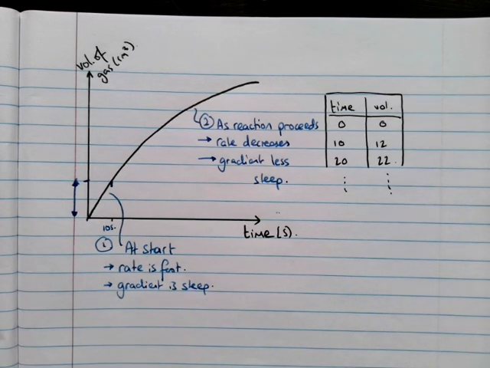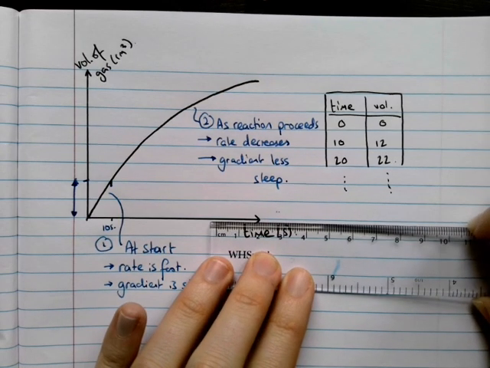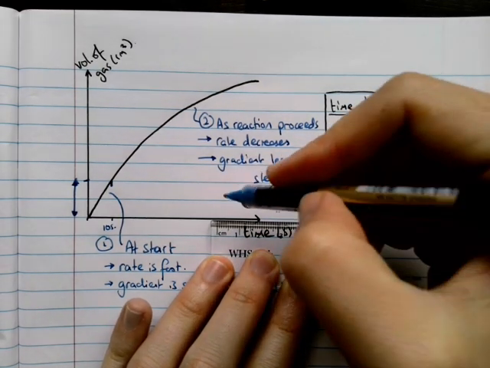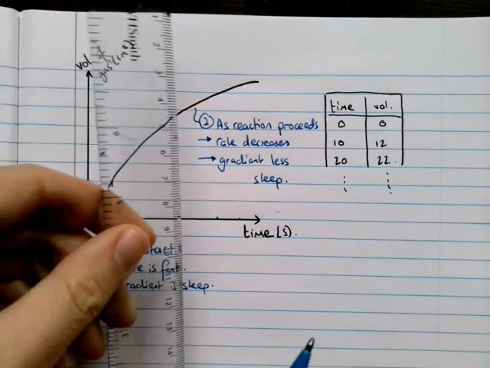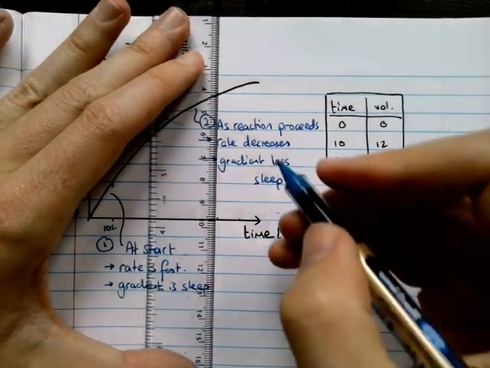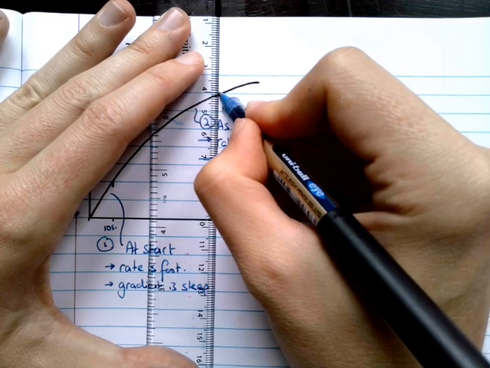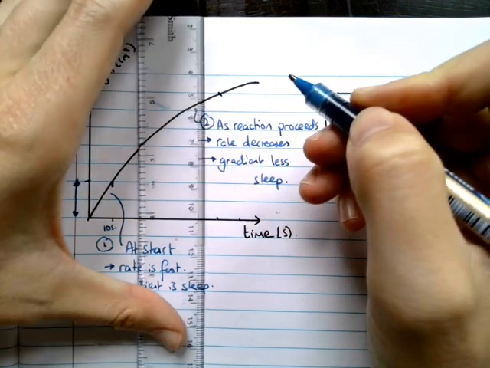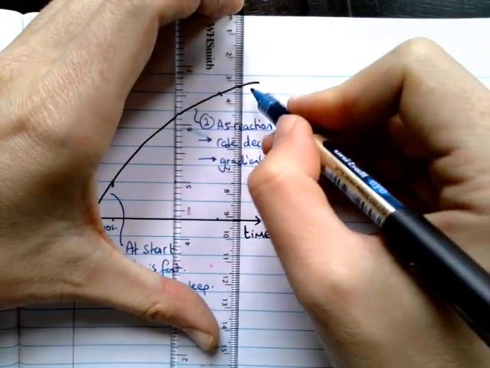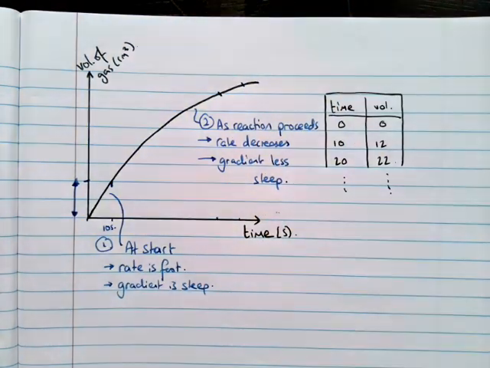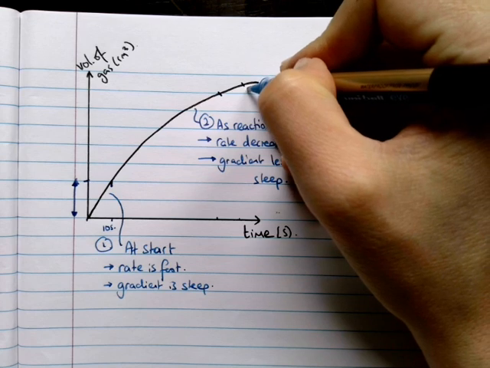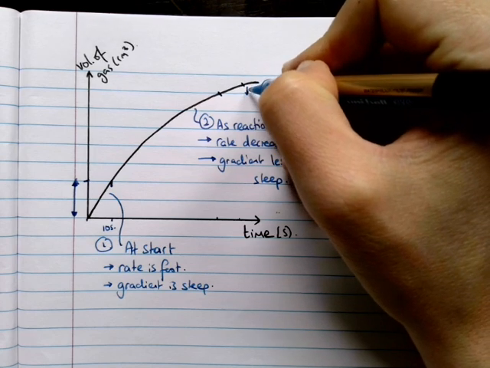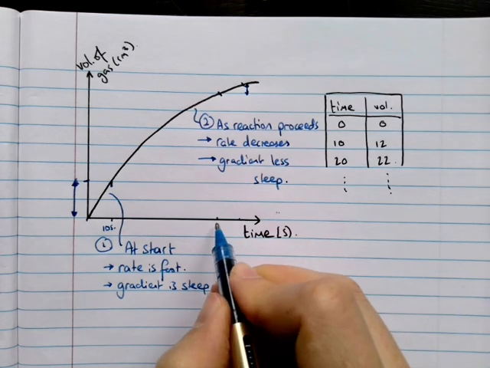Now, let's say I do the same over here. I'm going to use 1 centimetre again. And if I go up from there, you can see that I'm here and here. So I've only produced this much gas, but it's the same amount of time.